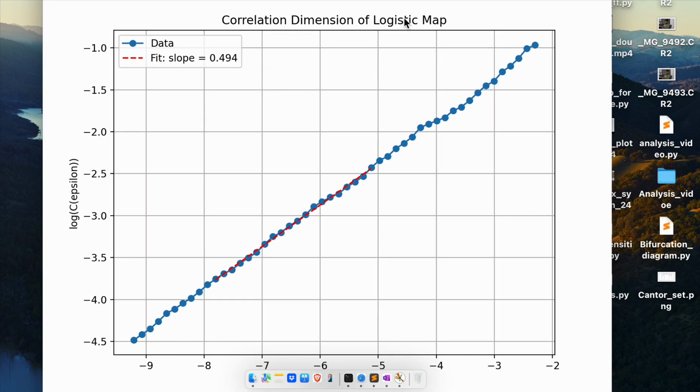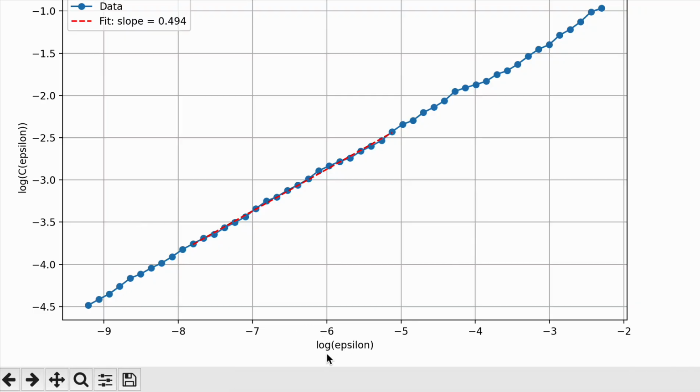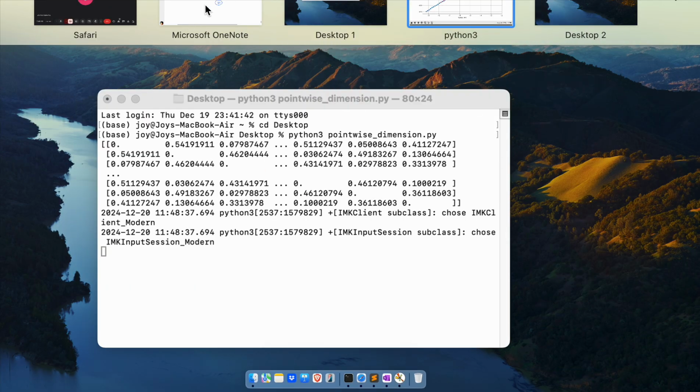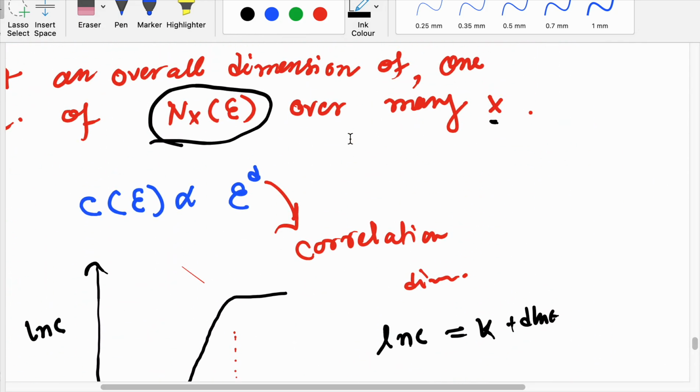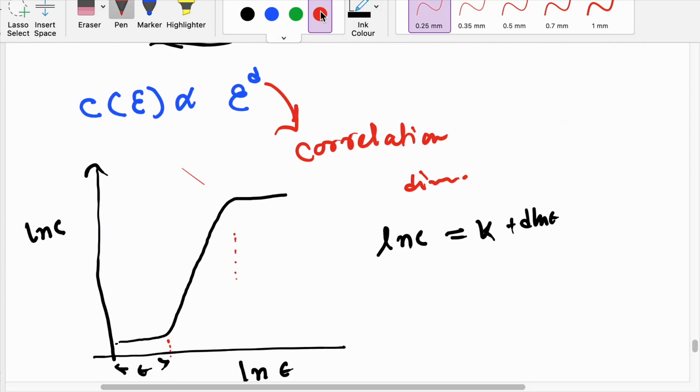Yeah, it comes out, this is ln C versus ln epsilon. If I plot it, you will find that it is a straight line and its slope is 0.494. The relation is ln C equals k plus d ln epsilon, so if I plot ln C versus ln epsilon, the slope is d.